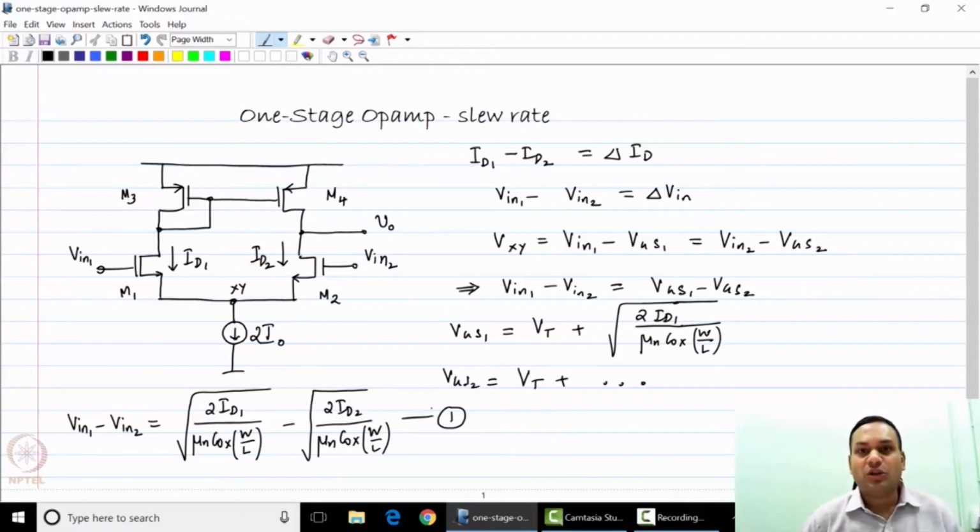I'll denote this as equation 1. This is the first relation between ID1, ID2 and V in 1, V in 2.